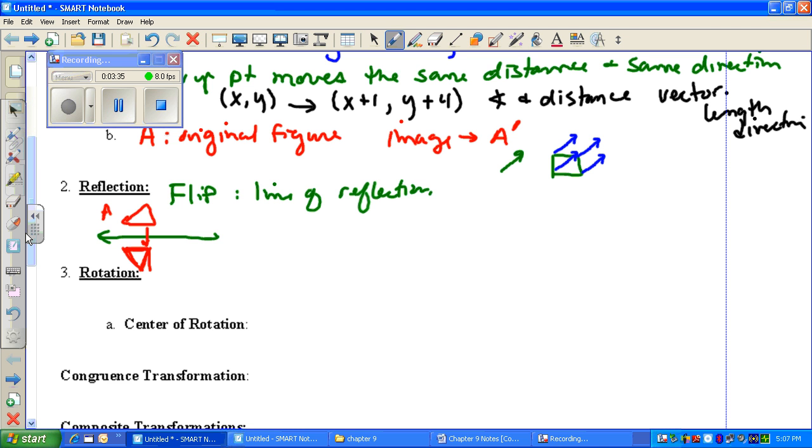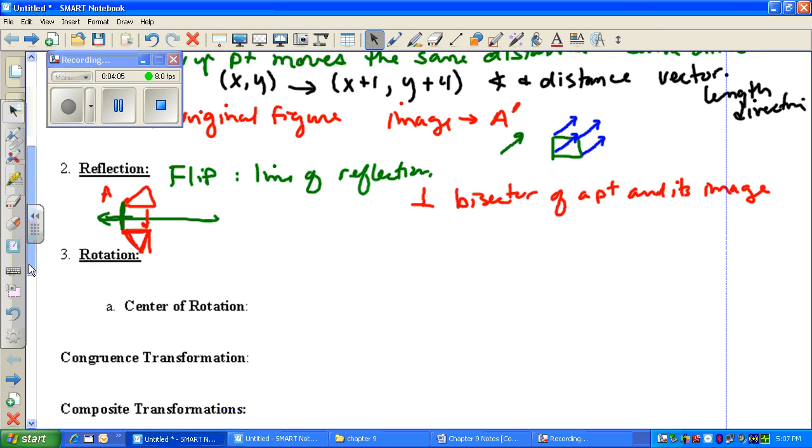And notice that if I connect these 2 points, this line is the perpendicular bisector of a point and its image. You can see that the line is running perpendicular to my line of reflection.